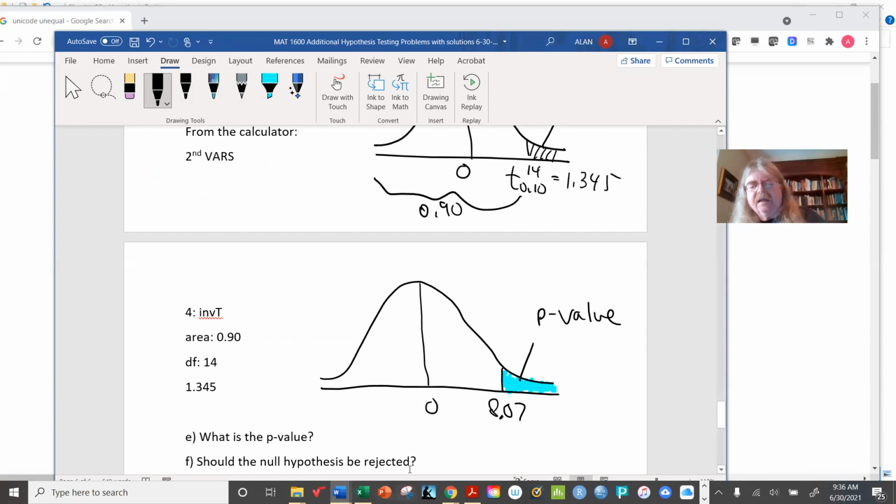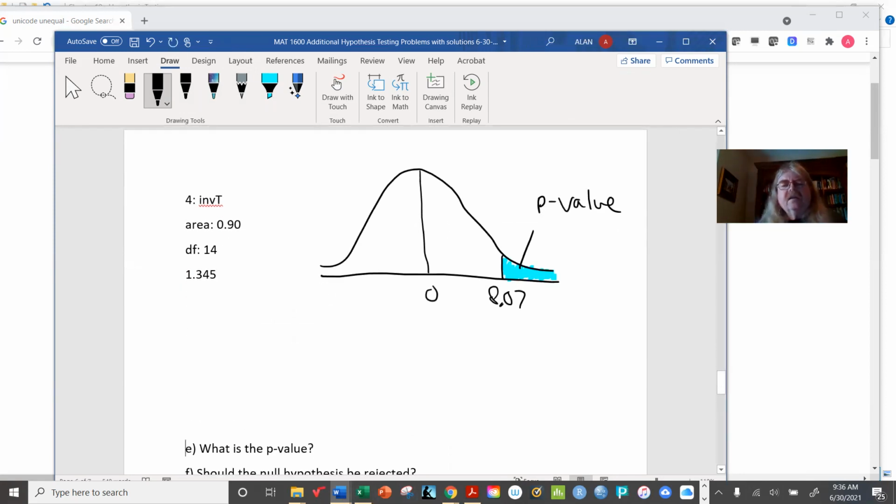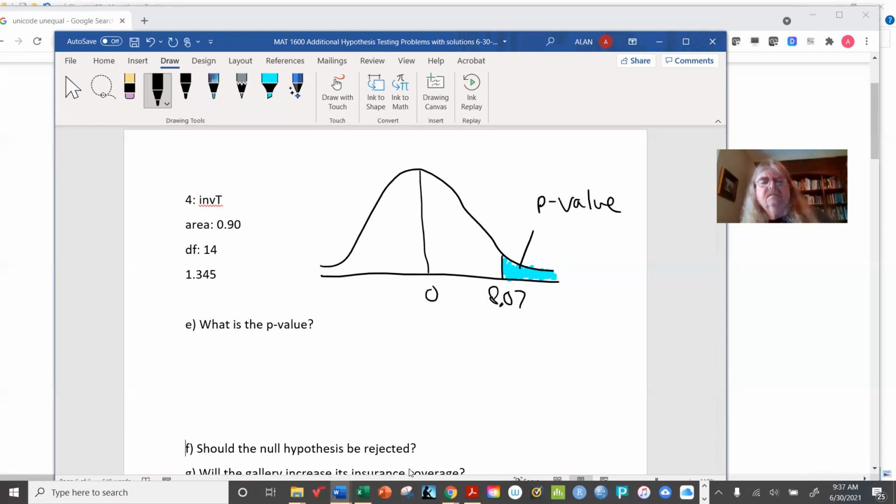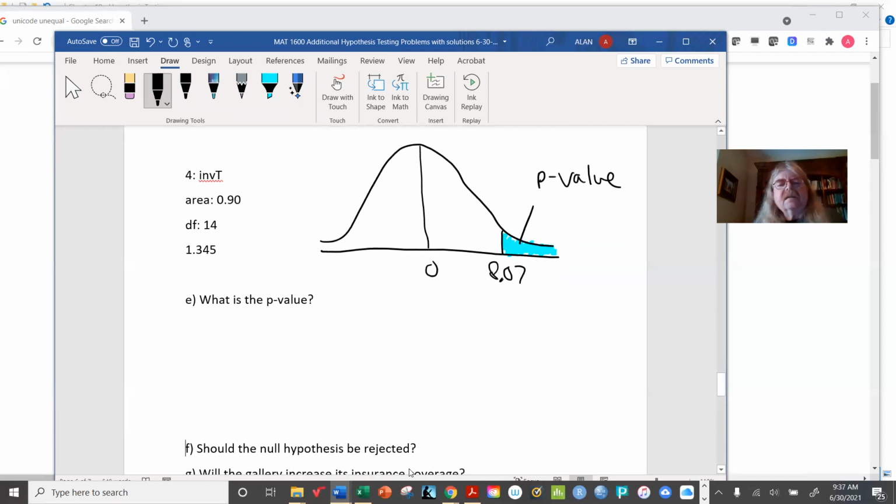So in order to find that, you can calculate the probability. Actually, let me move this here. This is the same thing as saying, what is the probability that T is greater than 8.07, which you can get from your calculator.